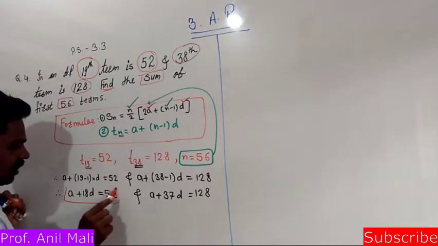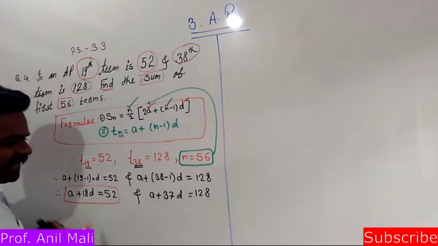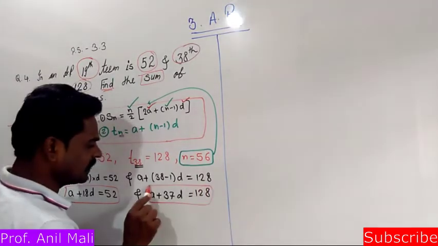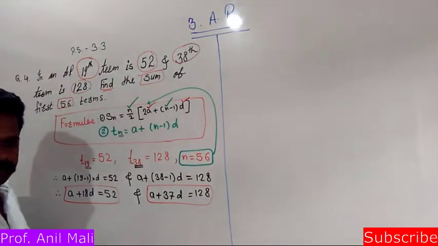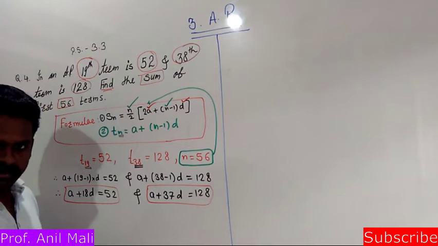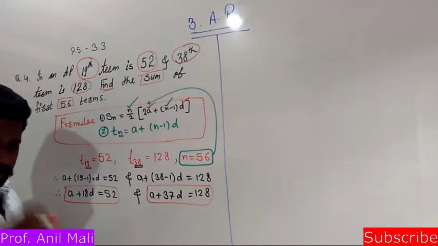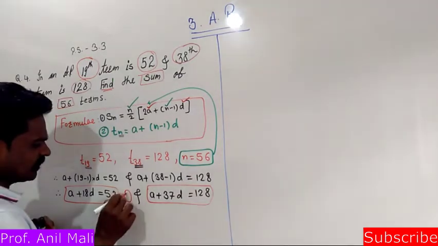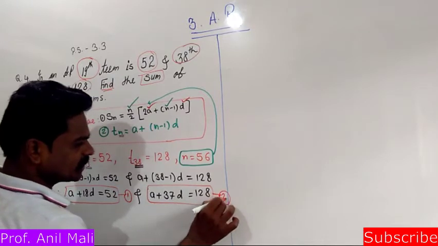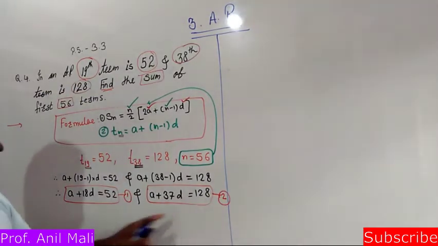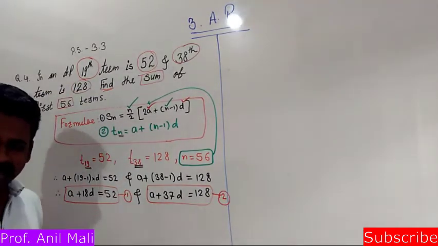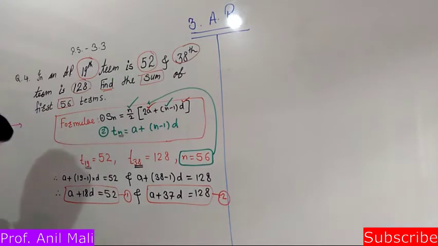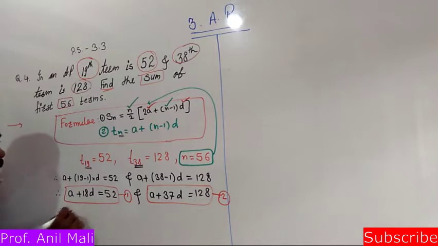So you have got a linear equation in A and D here, and here also a linear equation in A and D. We can use these two equations to find the values of A and D. Suppose this is my equation number 1 and this is my equation number 2. So from equations 1 and 2 we can easily find the values of A and D. Okay, fine, no problem. So we will just subtract.